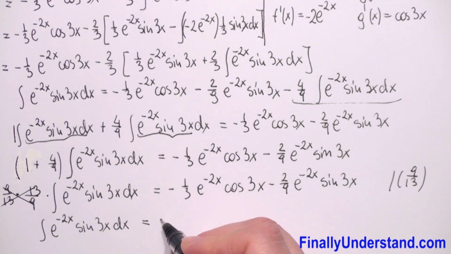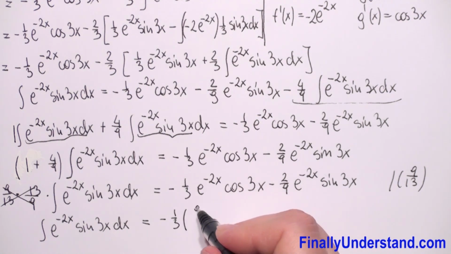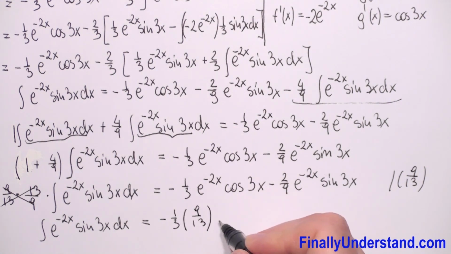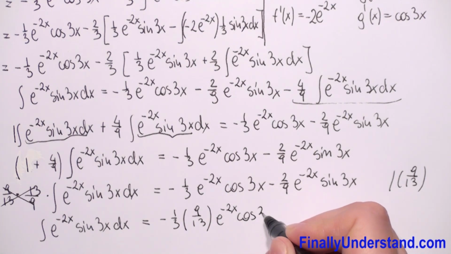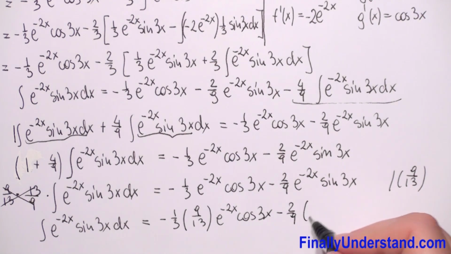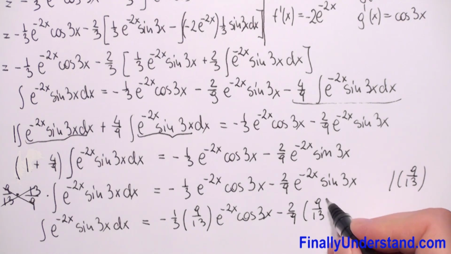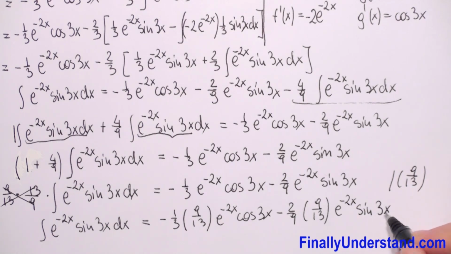So it will be negative 1/3 times 9/13 e to the power negative 2x cosine 3x minus 2/9 times 9/13 e to the power negative 2x sine 3x.